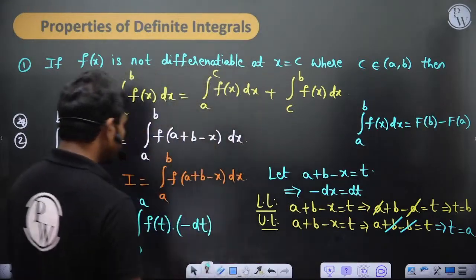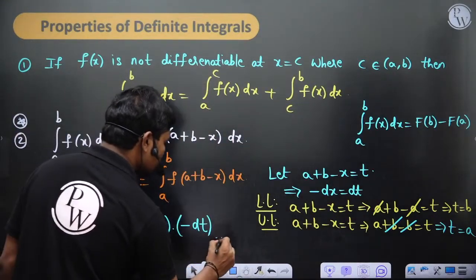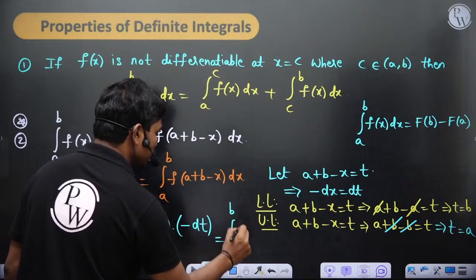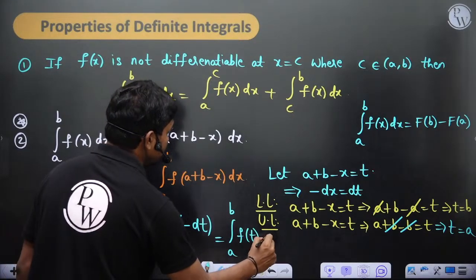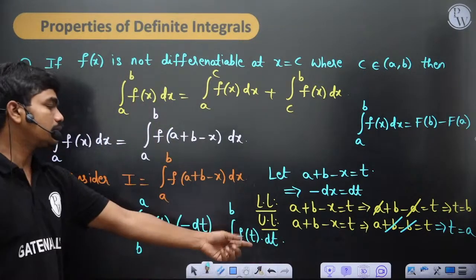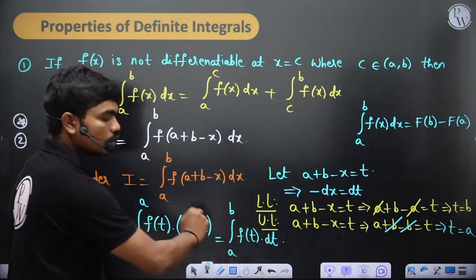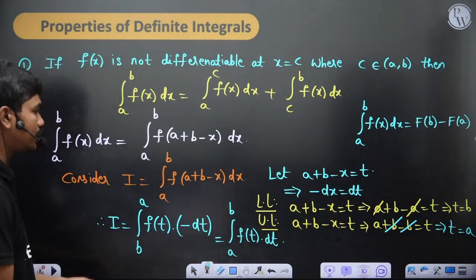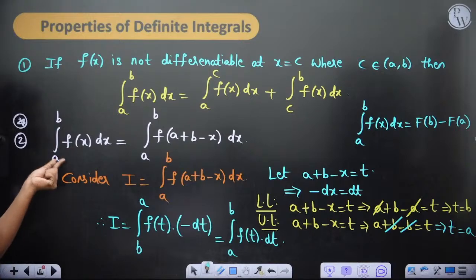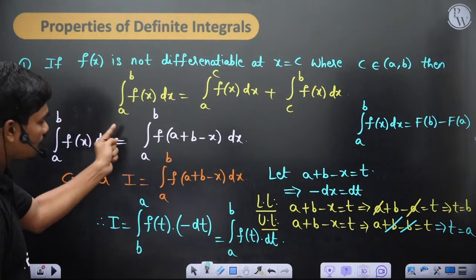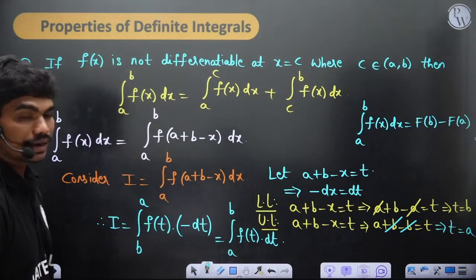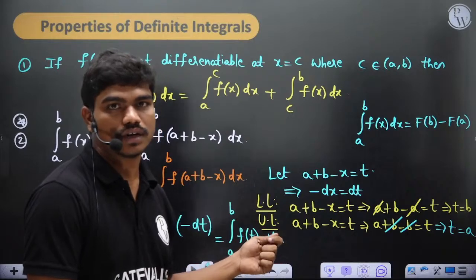So using this minus sign, you can swap these limits a to b and you can write f of t dt. So t is just a variable of integration, and both these integration values will be the same actually, yes or no? So whenever you have this integral a to b f of x dx, this can always be written as a to b f of a plus b minus x dx, which is a very powerful conversion actually.